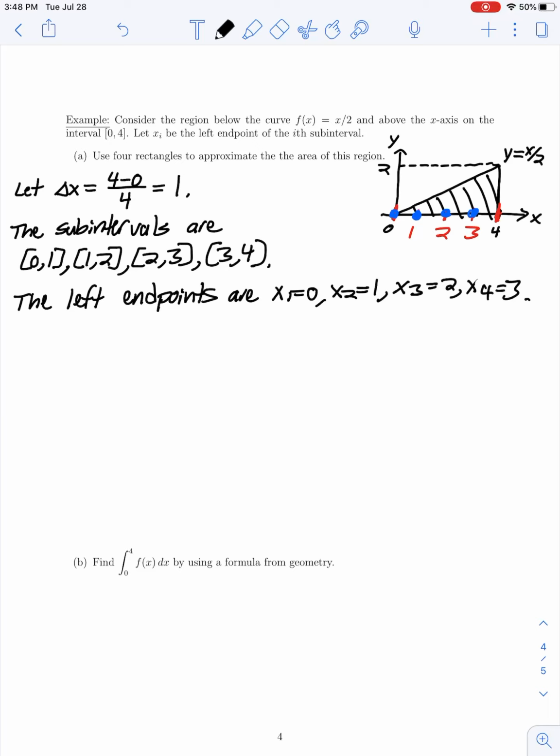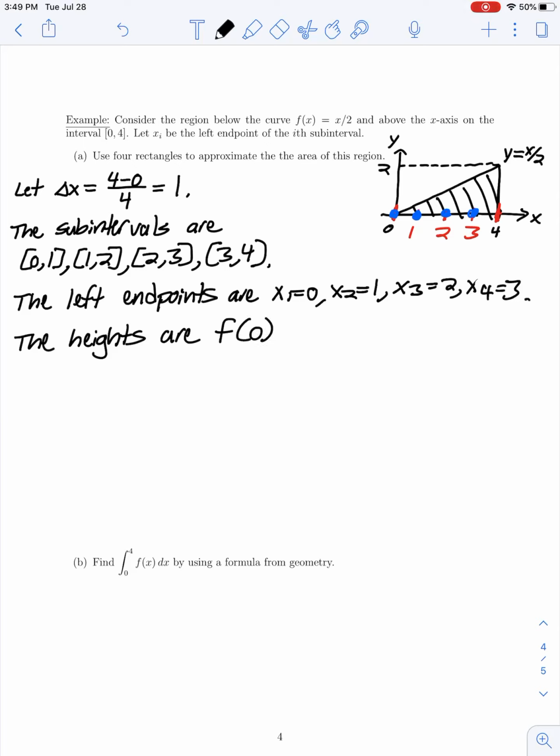Okay, so taking those endpoints as the heights of our rectangle, we have the following. So here, the heights are the values of the function at the left endpoints.